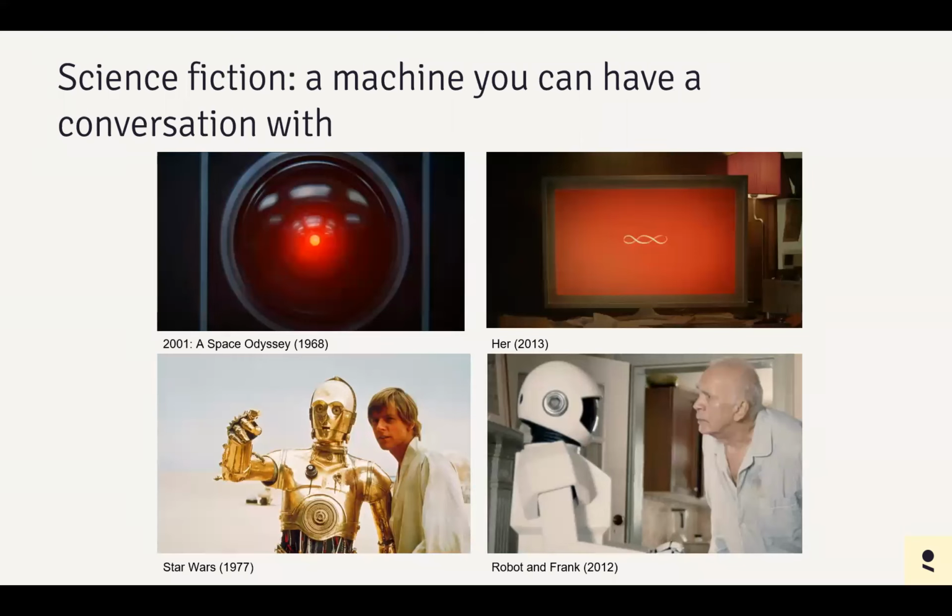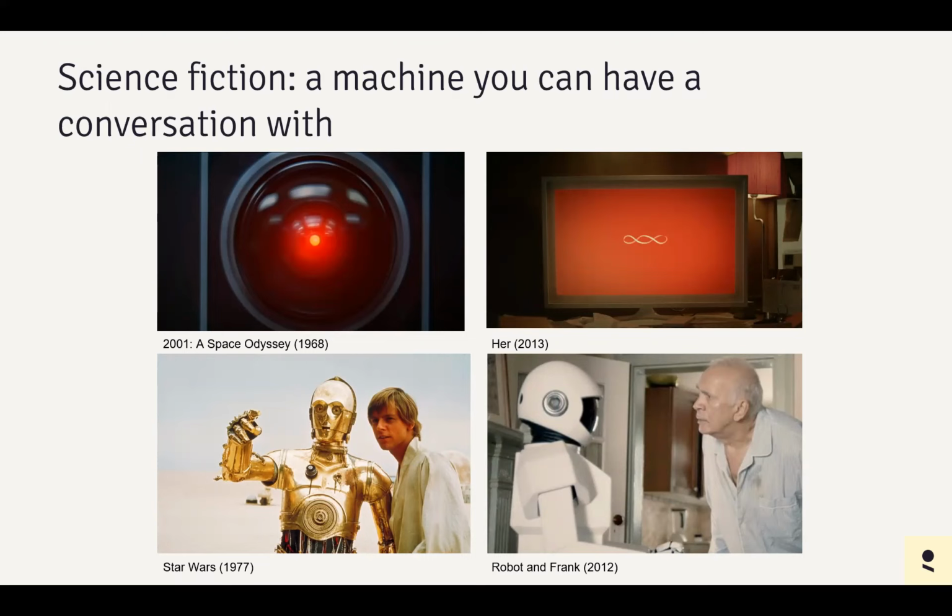So the idea of having a machine that you can have a conversation with has, of course, been around us for a very long time in science fiction. And people have dreamed about this for a very long time. And there are very exciting films that you might have seen, such as 2001 or the movie Her, which are sort of basic speech interfaces.